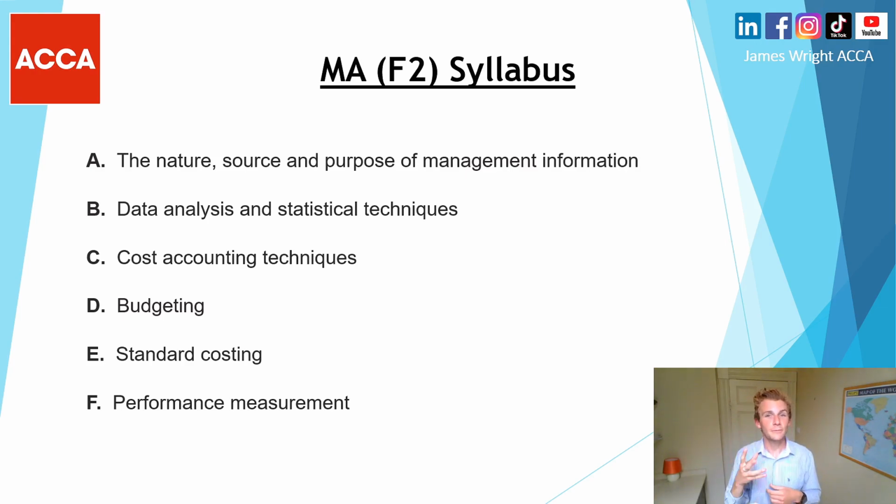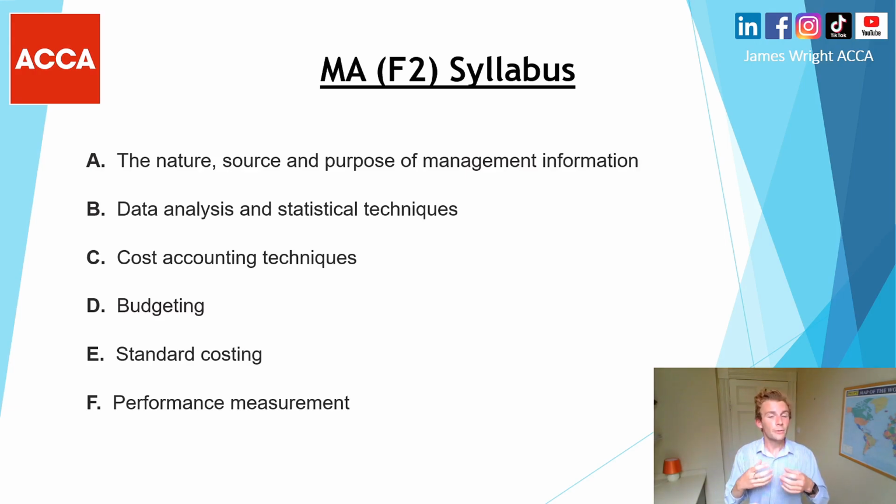Because this is where we come on to the key elements of the actual management accounting syllabus. It's broken down into areas, or syllabus areas, A to F. The first one we have on here is the nature, source, and purpose of management information. This is where it really relates to what you need to know for your exam, for your pen and paper notes: the actual sources of data, classification of costs, how we actually present that information, and the actual management accounting role.